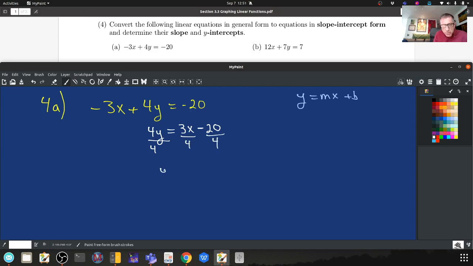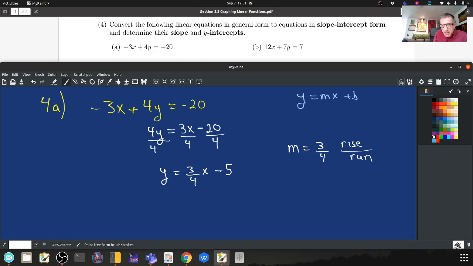So that gives me y is equal to 3/4 times x minus 20 divided by 4 is 5. So my slope m, remember, that's a real number, the x term's not included, is 3/4. And that corresponds to the ratio of the rise over the run.